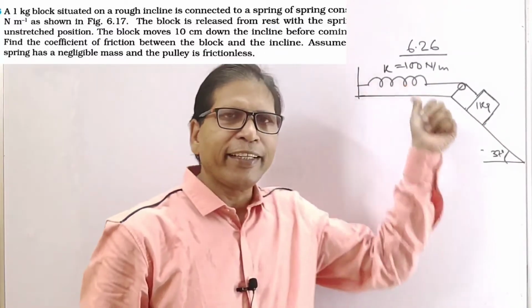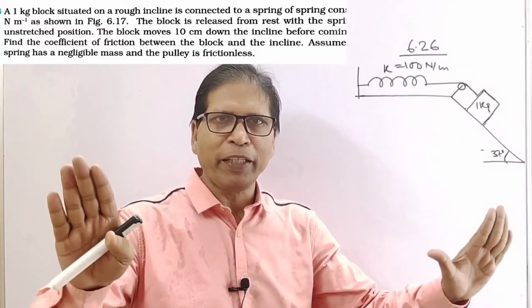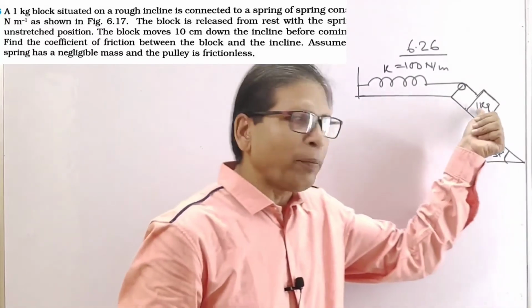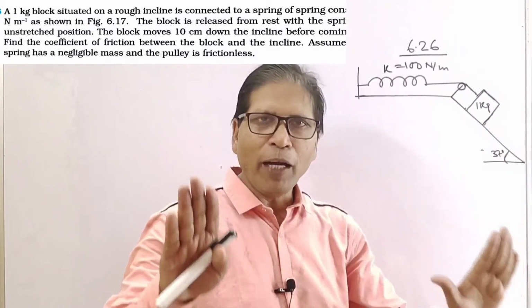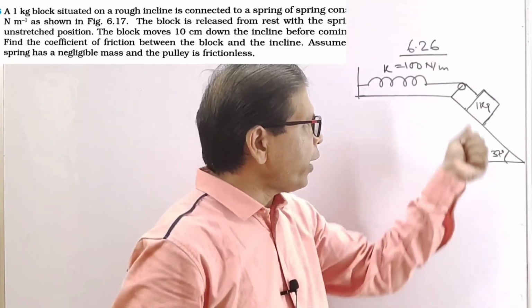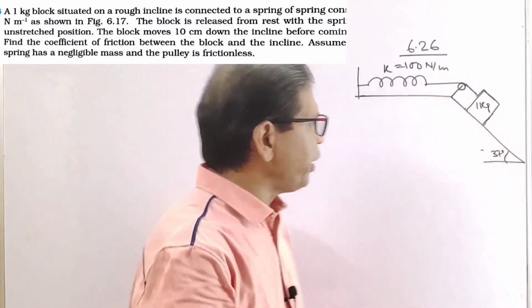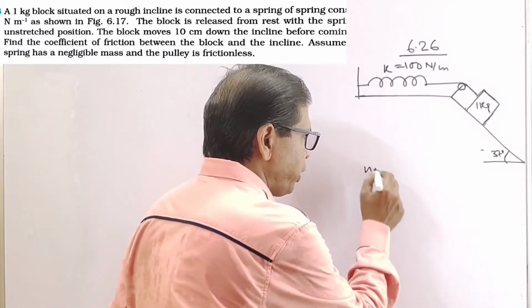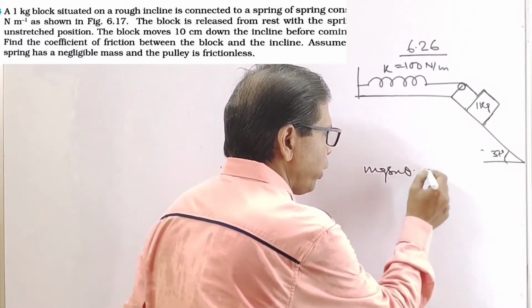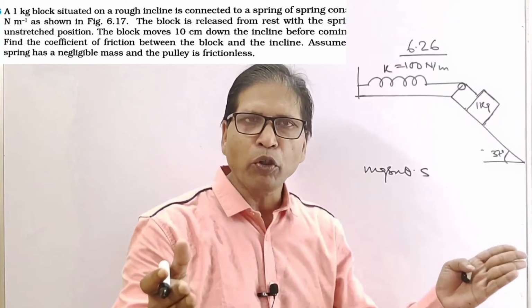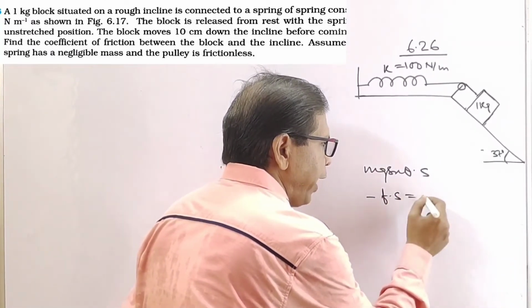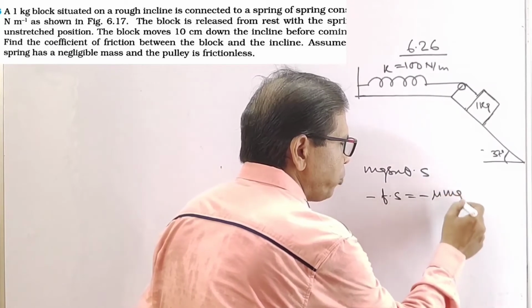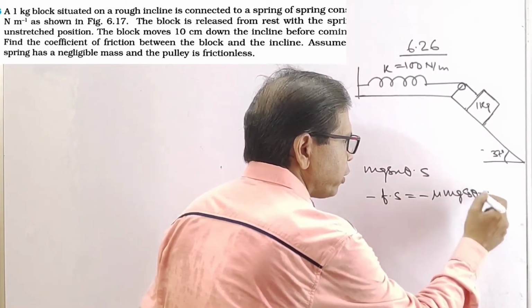Now in this case, the energy stored in a spring is equal to work done by gravity along the inclined plane and work done by force of friction. Look at this, the work done by the gravity becomes mg sin theta into s. Work done by force of friction is minus f into s, that is minus mu mg cos theta into s.